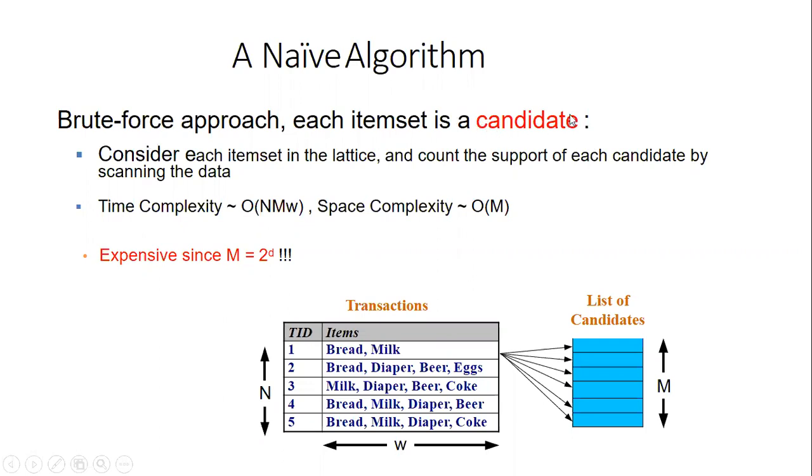When we consider each item set in the lattice and count the support, the support count of each candidate will be scanned from the database. So here I'll show you.